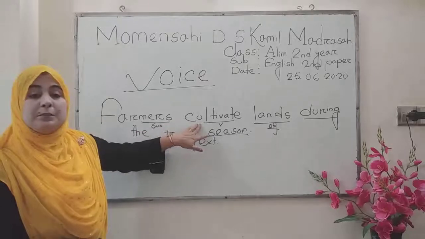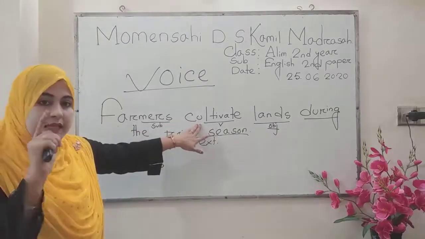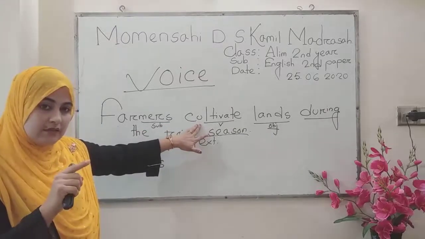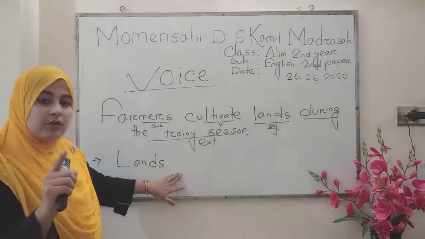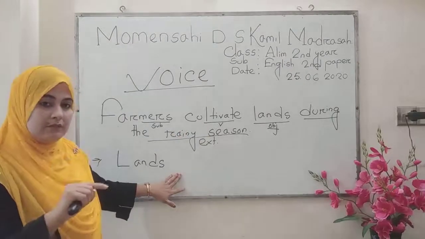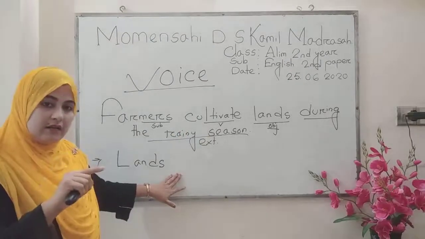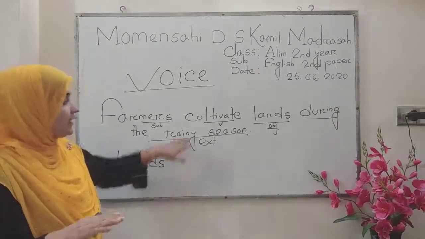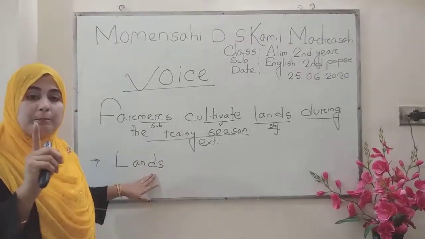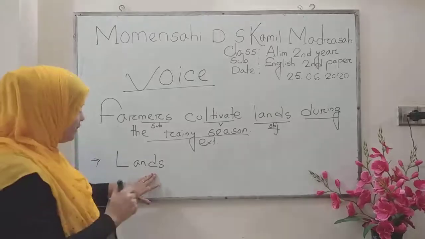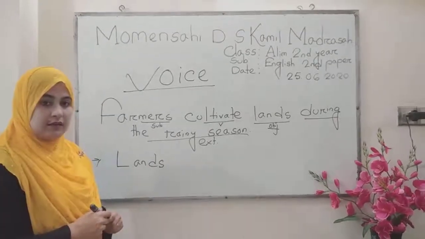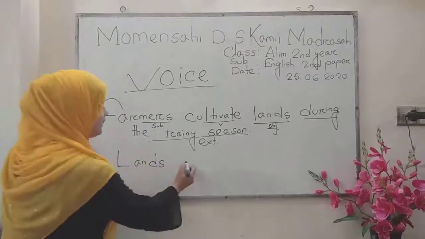As it is present indefinite, you have to remember that here you can put the auxiliary am, is, are, based on tense and also person. Here it is plural, so we can use are.